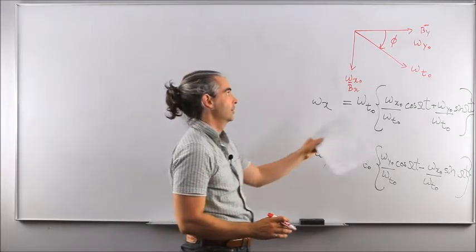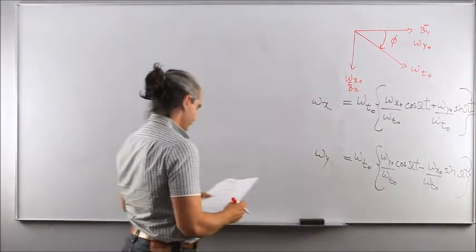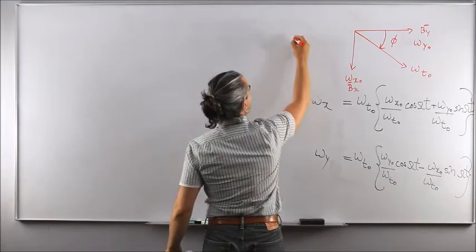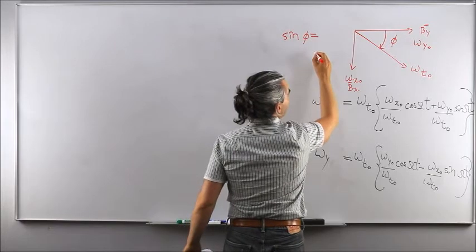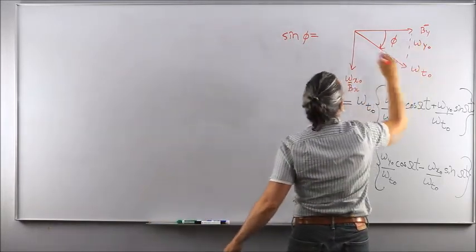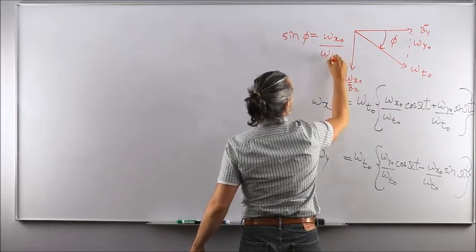This is just some random angle between omega y naught and omega t naught here, such that we can say that sine of this angle is going to be equal to this side, so omega x naught over omega t naught.